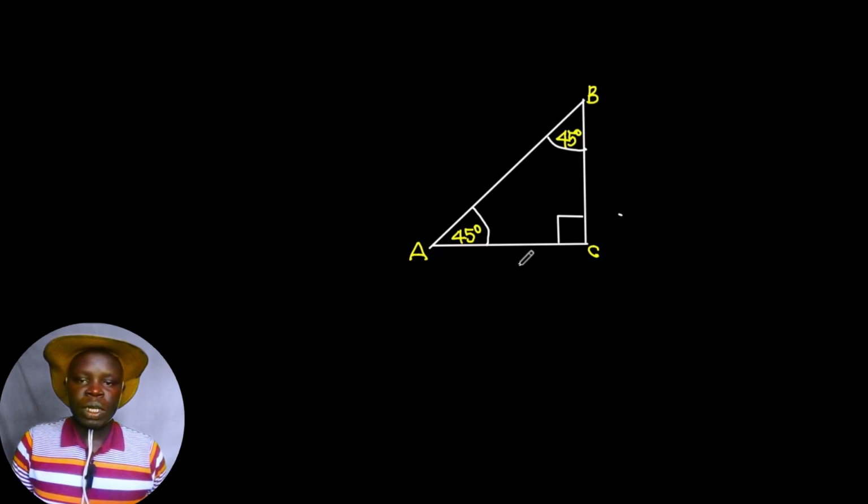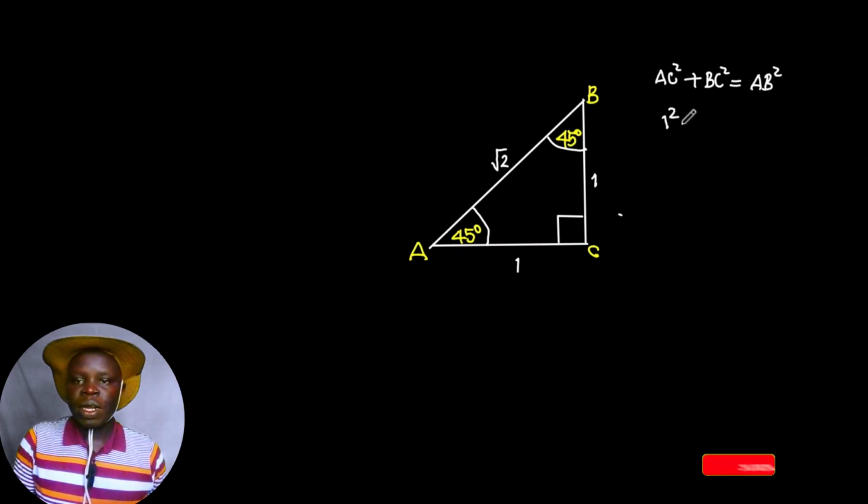So when we call this side 1, and this other side 1, then the hypotenuse will be a square root of 2. Using the Pythagorean theorem, the sum of AC squared plus BC squared equals AB squared.